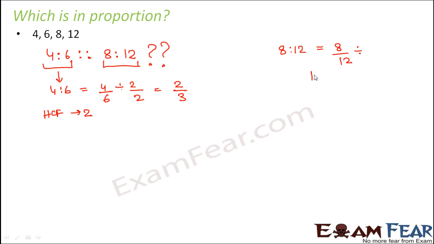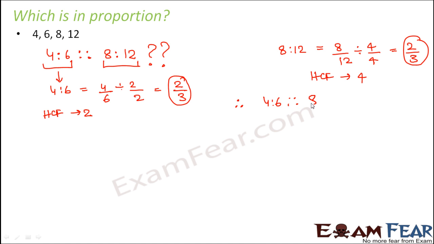Again, the HCF of 8 and 12 is 4. So divide the numerator and denominator by 4. So you get 2 by 3. If you compare both the values, you see both the ratios actually refer to 2 by 3. So that means they are equal. Therefore, we can say that 4:6 is proportional to 8:12. So yes, this is in proportion.